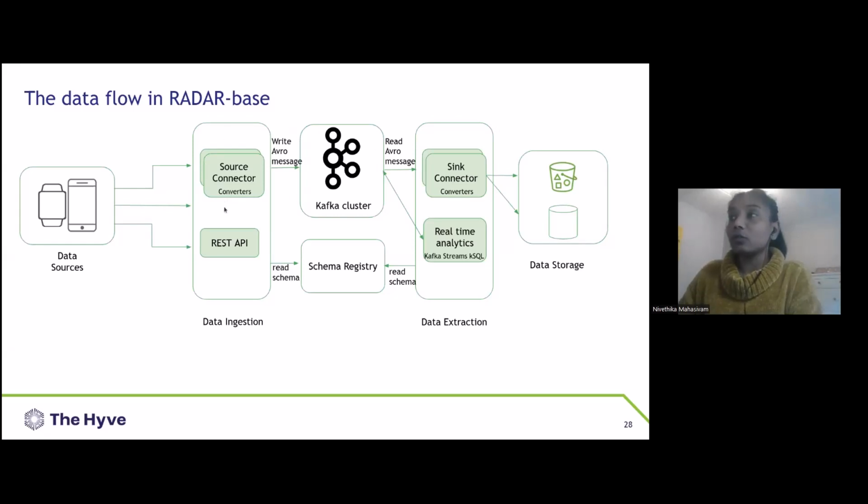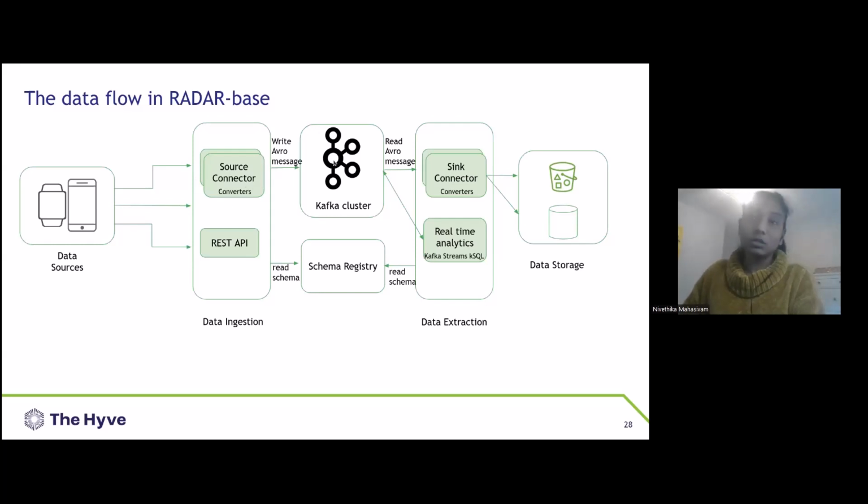Source connectors will be data producers who will be sending data to the Apache Kafka cluster. And these source connectors also have particular converters that we have built so that they would be able to understand data from these data sources and convert that into a Kafka message. And it will attach the Avro schema that we have created for that particular Kafka message that it creates and send to the Kafka cluster.